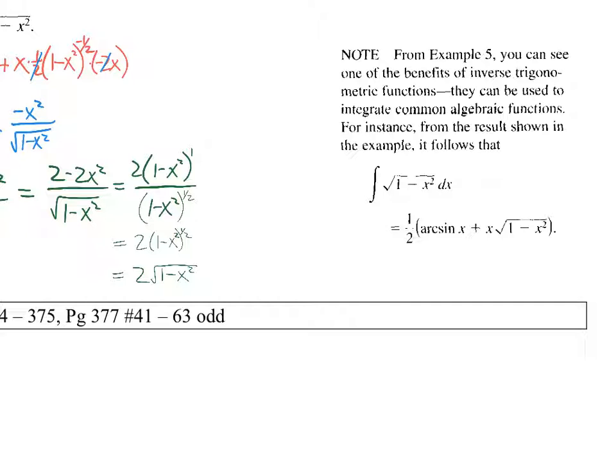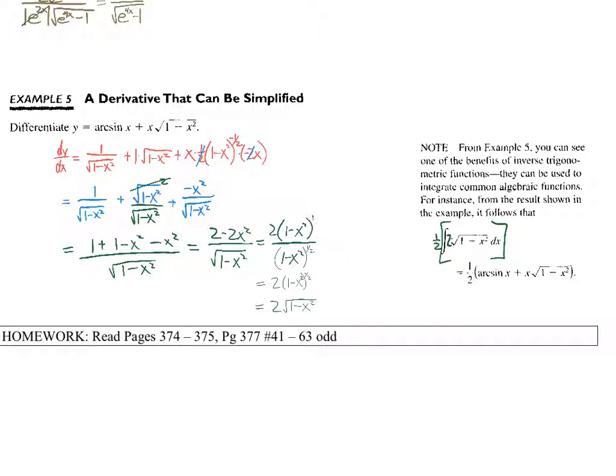So if I wanted to integrate 2 times the square root of 1 minus x squared, or let's say I wanted to integrate the square root of 1 minus x squared, I could multiply this by a 2 here and a half here, and then guess what the integral of this is? It's what we started with at the very beginning.